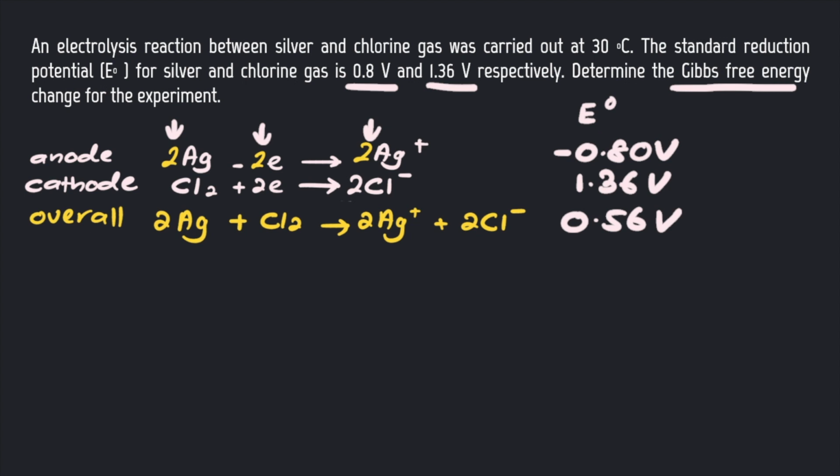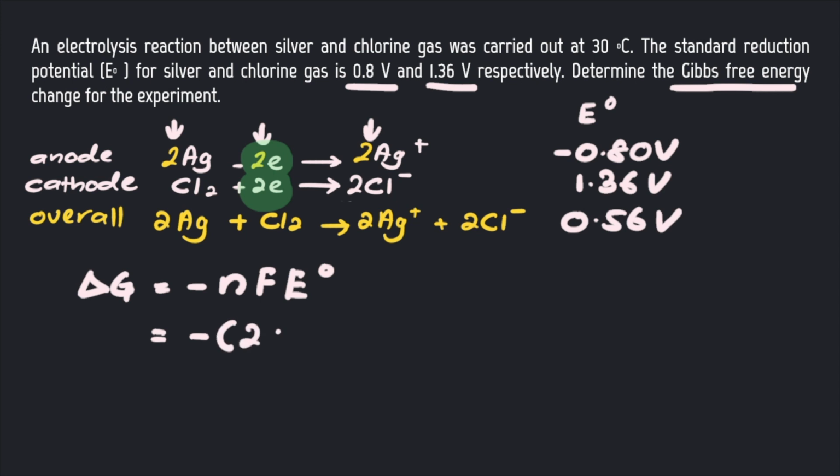So the formula: delta G is equivalent to negative n Faraday constant times E naught. So what is n? n is how many moles of electrons are taking part in this reaction. Basically we have 2 moles, so negative 2 mole.